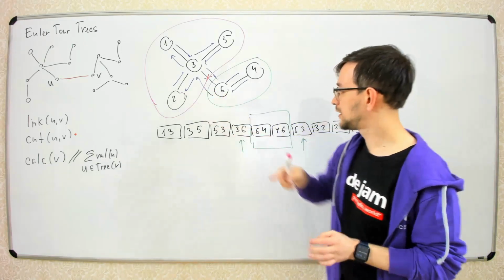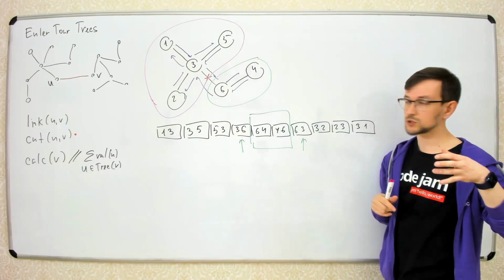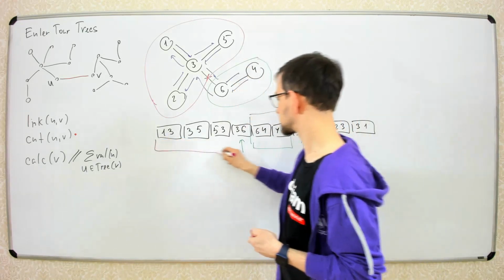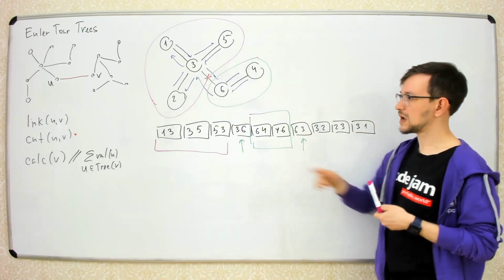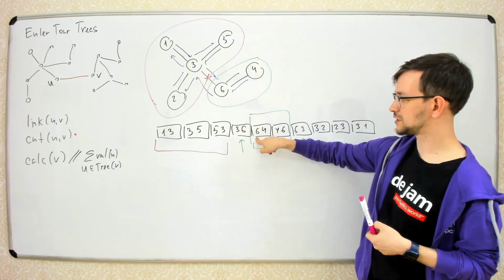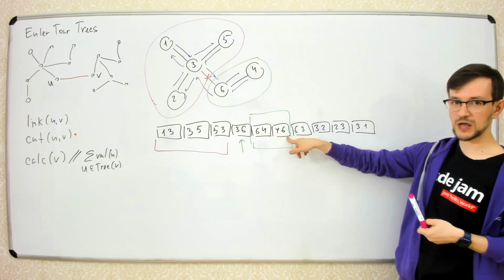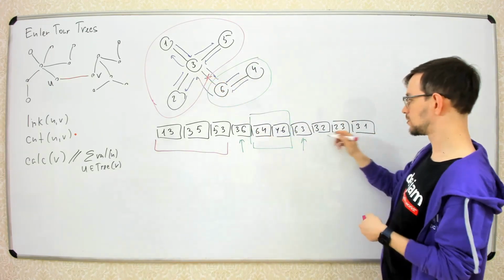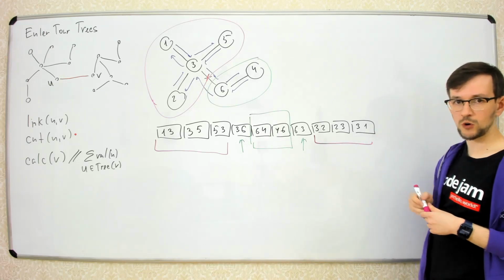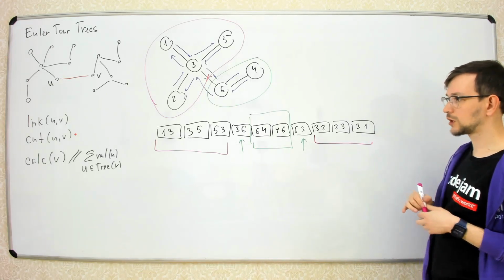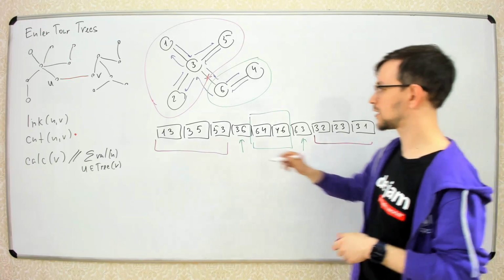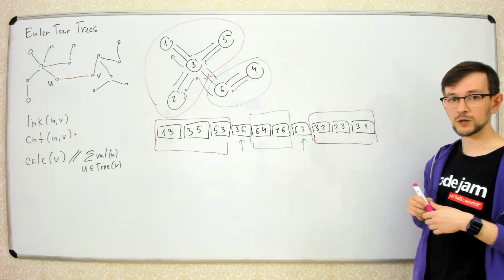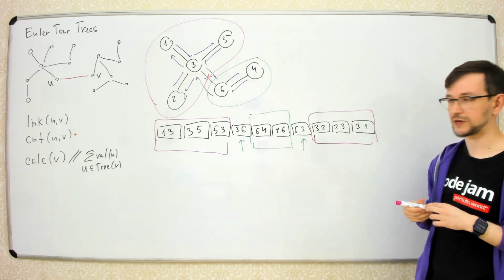The second part is a little bit more tricky. How do we build the Euler Tour of this part? We simply take this prefix. Then we go to node 6, then we iterate all edges inside this tree, then we go back, and then we continue to iterate over all edges of the first tree. So we simply connect these two parts, this part plus this part, and we get the Euler Tour of the first tree.